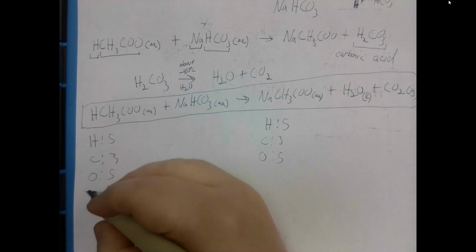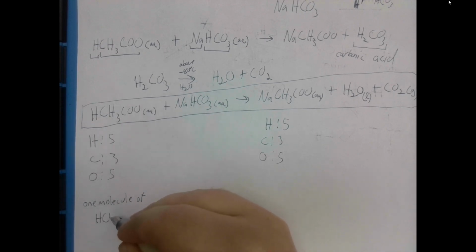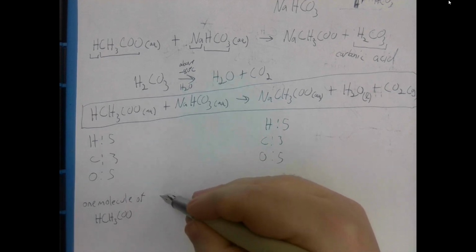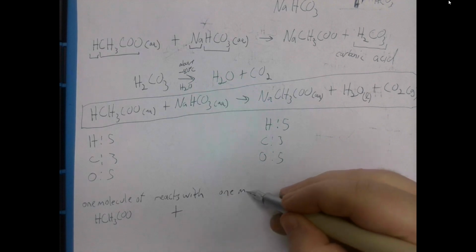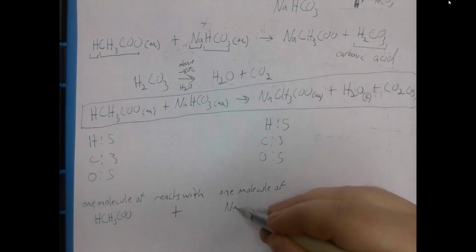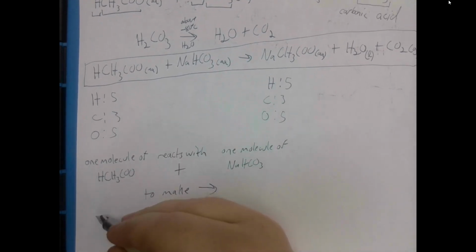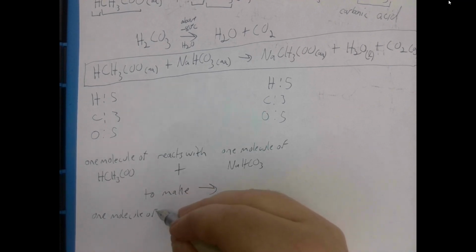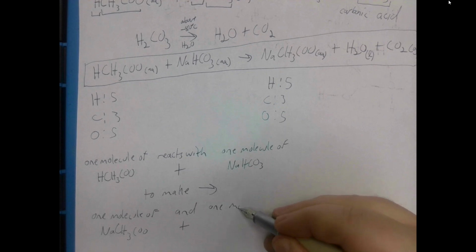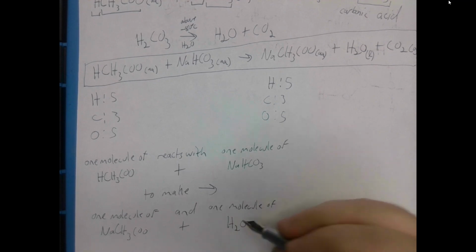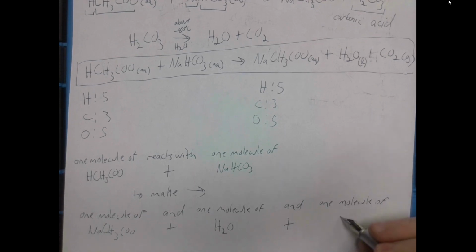So what this equation says is if we take one molecule of acetic acid, it reacts with, that's the plus sign, one molecule of baking soda, to make, that's the arrow, one molecule of sodium acetate and one molecule of water and one molecule of carbon dioxide.